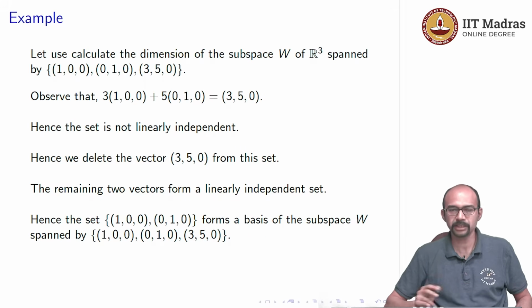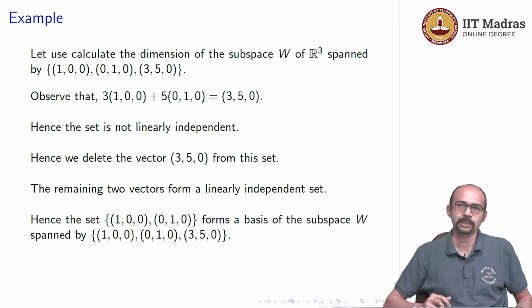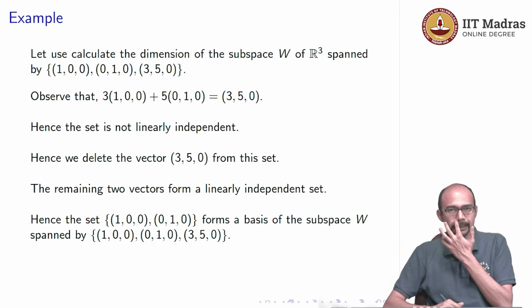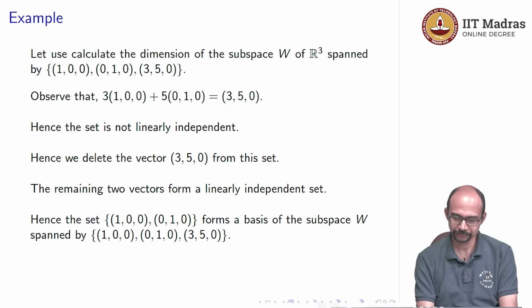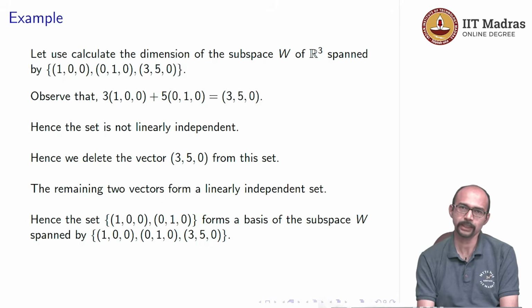And what is W? W is spanned by these three vectors, that is what we started with. So, what we are really saying is that we have a spanning set for W, we started with these three vectors, but we actually found a basis for W, which is 1 0 0 and 0 1 0, and now we know exactly what W is.